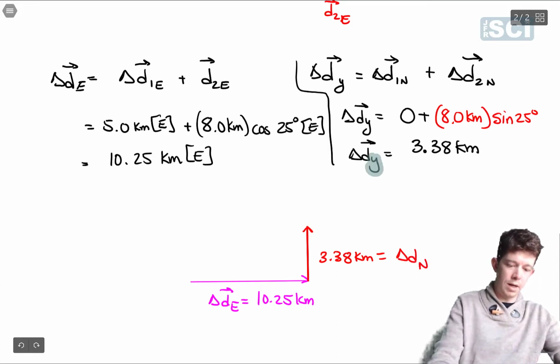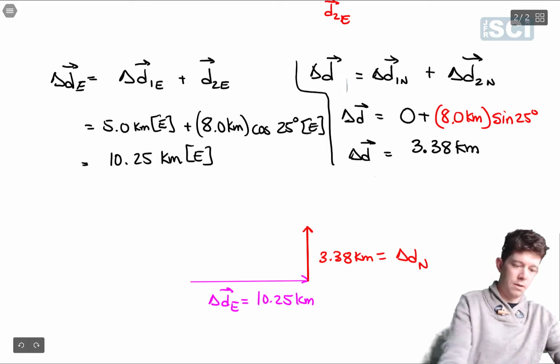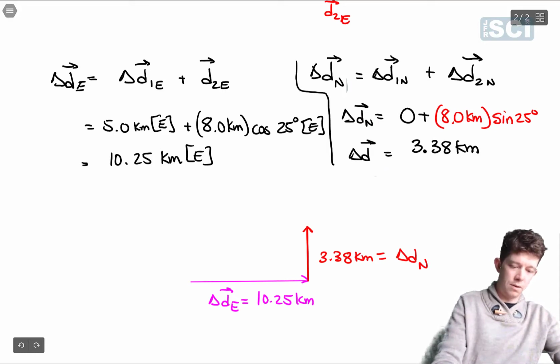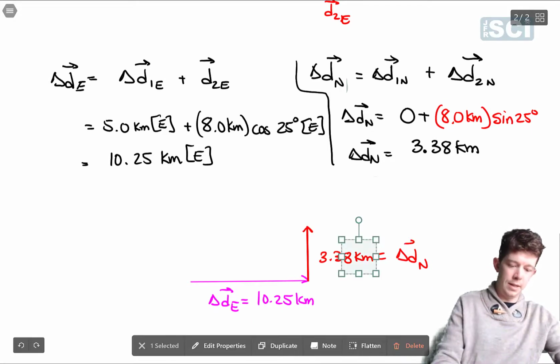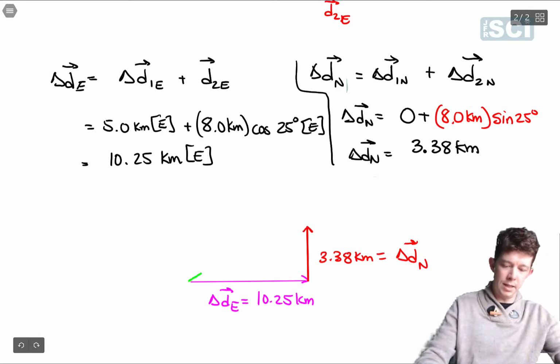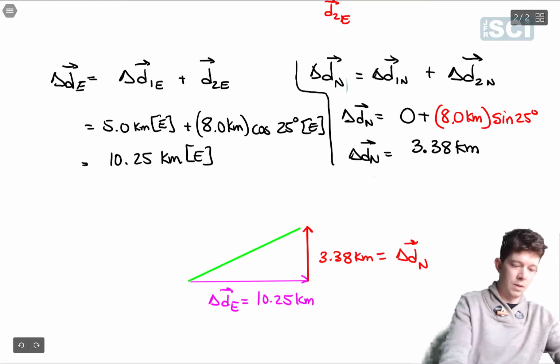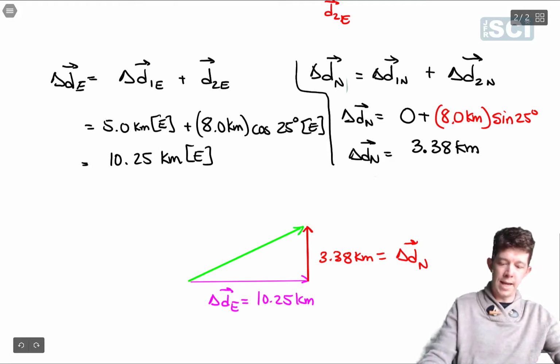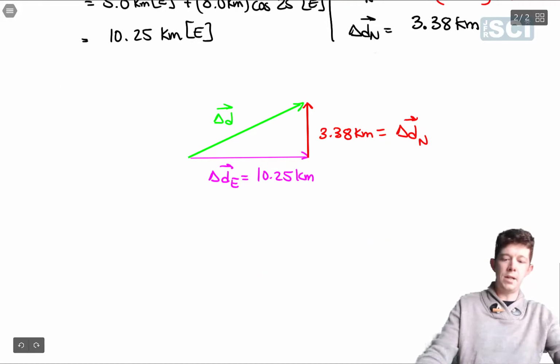I keep calling it y, it should be north. Okay. And here we go. So my resultant would be from the very beginning to the very end. So we need to determine the magnitude of delta d.